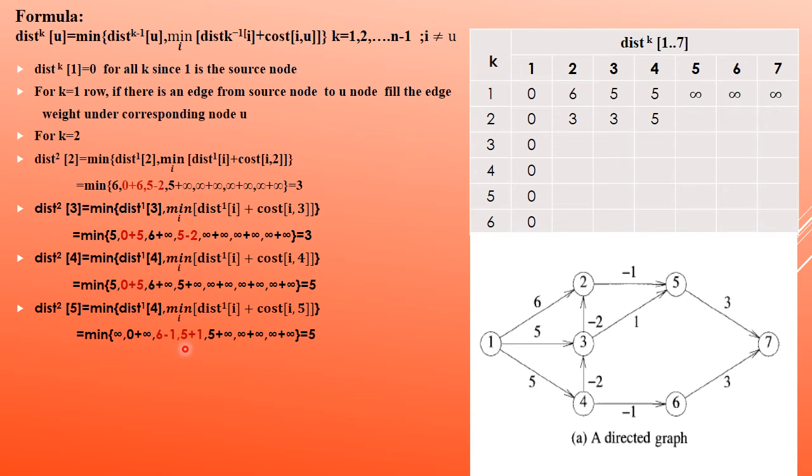Then 3's previous distance is 5, and 3 to 5 there is an incoming edge to 5 from 3, so plus 1 with the distance. So this is 5.